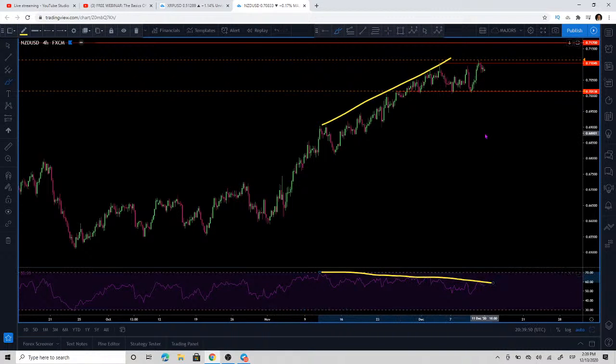Look at this. Right here we had somewhat of a fake out of this current bullish structure, but really we're still inside of that bullish structure. And that's the thing about divergence: you cannot trade it blindly.